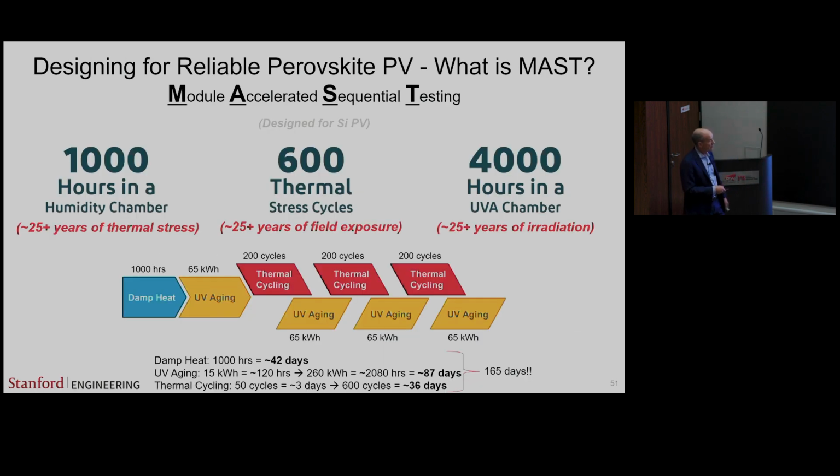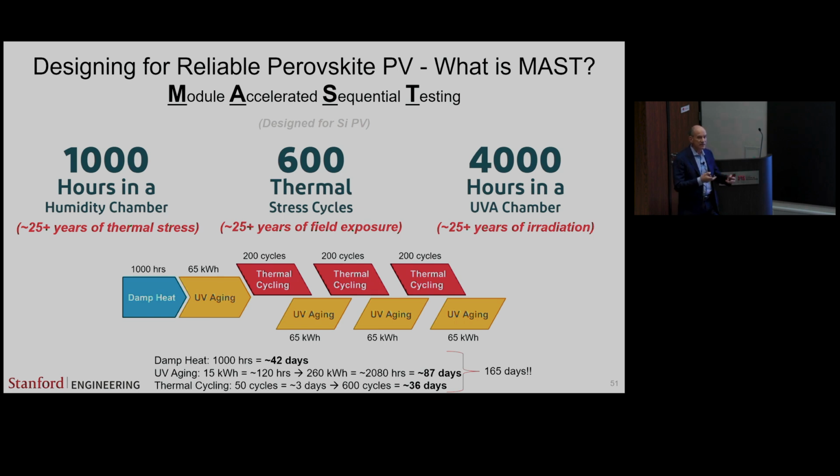So we've been working hard in our current program to implement other forms of accelerated testing. And one of them is the so-called MAST testing. It's typically used for silicon solar modules. This is module accelerated sequential testing. And the idea here is you have combinations of damp heat, UV aging, thermal cycling, UV aging, thermal cycling, UV aging.